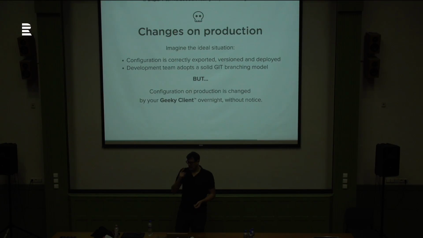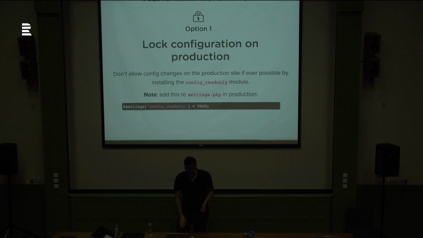So there's a couple of options on how to deal with this. The first option is lock configuration on production. There's a module called Config Read Only, which allows you to precisely do that. You can enable it, and then in settings.php you set the lock to be on, and all the configuration forms will now error out when you try to submit them.